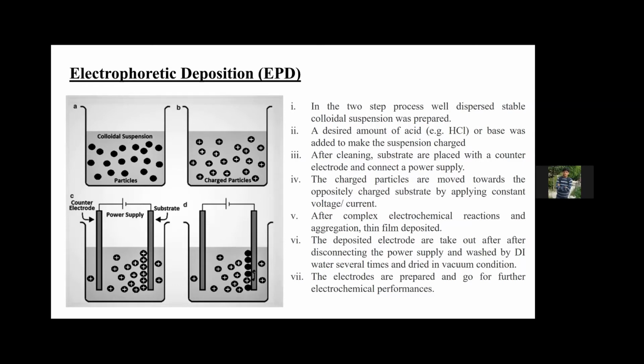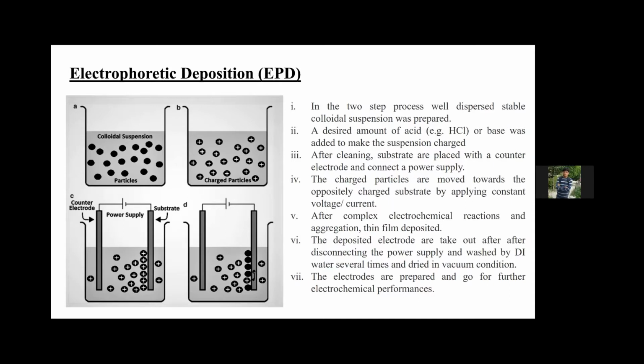Suppose we apply a constant voltage. Once we apply a constant voltage, inside this chamber, inside the setup, MnO2 is deposited onto the substrate, and for our requirement, we will fix the time.